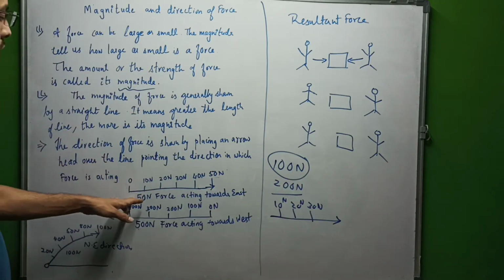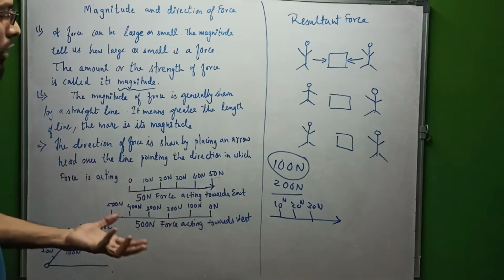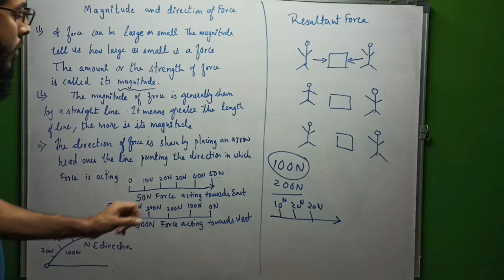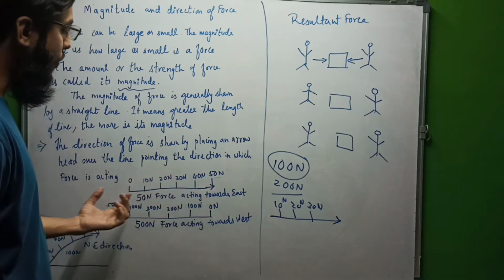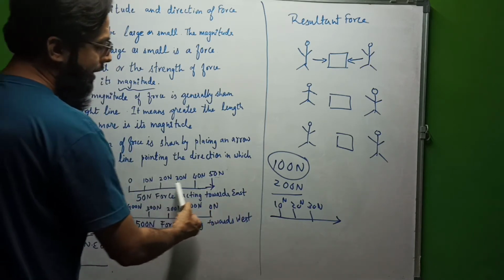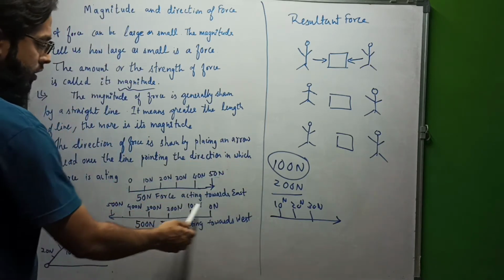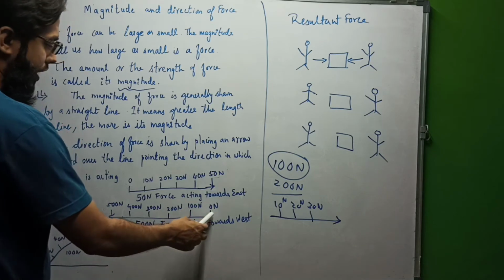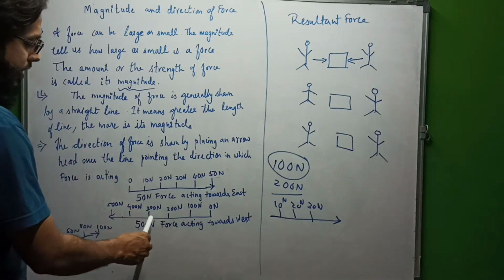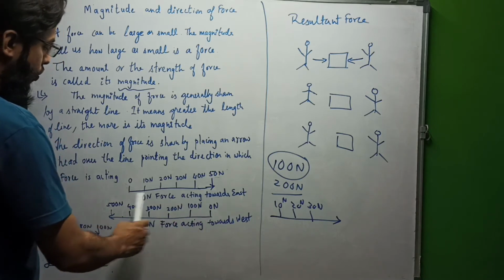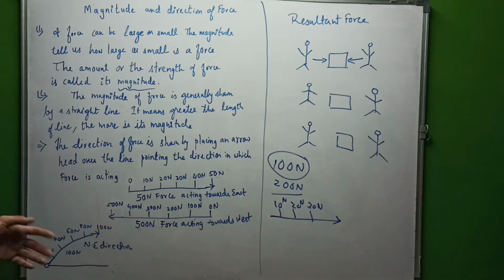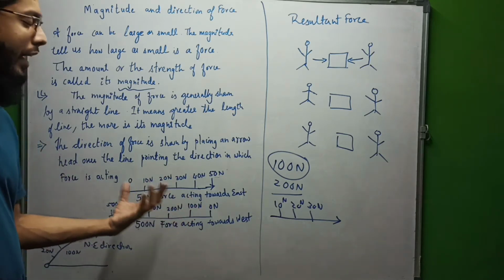For example, if we keep the arrow, we can say that 50 Newton of force is acting towards the east direction. And if the force is going in this direction, from 0 to 500, then 500 Newton of force is acting in the west direction. So this is known as direction and magnitude.